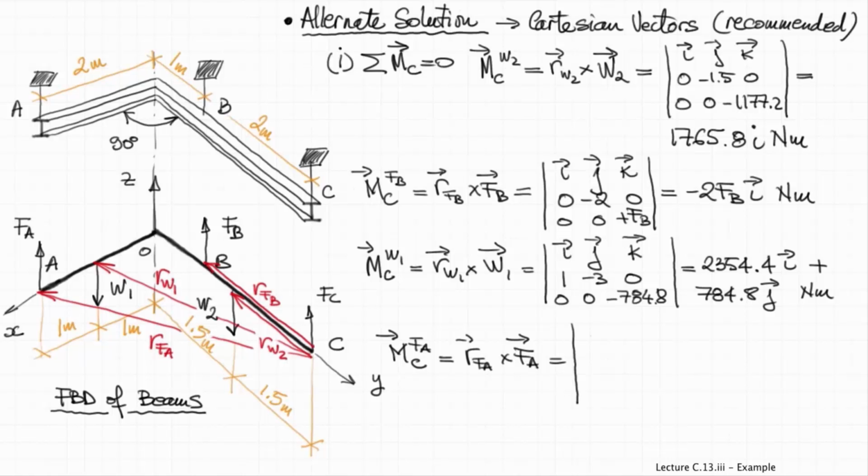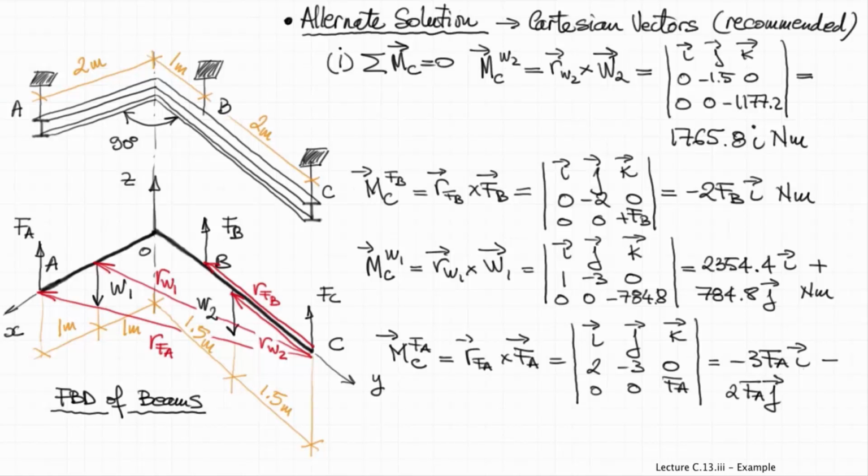They all run from the point about which we sum the moments, which is C, to any point along the lines of action of the forces. In this case, the easiest point is actually the one contained in the XY plane. So we again populate the determinant, and this will result in -3FA i minus 2FA j Newton meters.